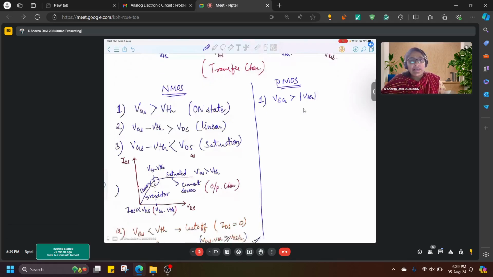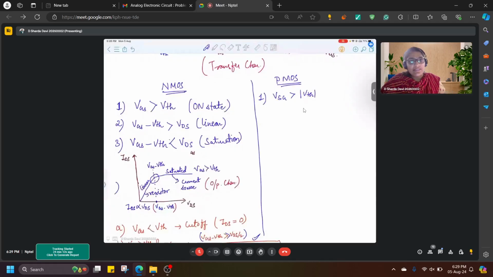This is because the signs are important, like plus or minus, so that's why mod of VTH. Now, this is for on-state. Second, VSG minus mod VTH should be greater than VSD.